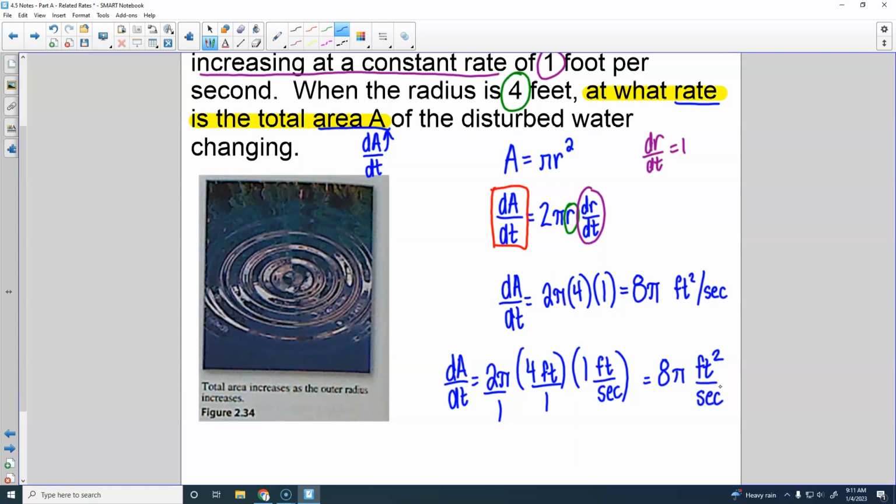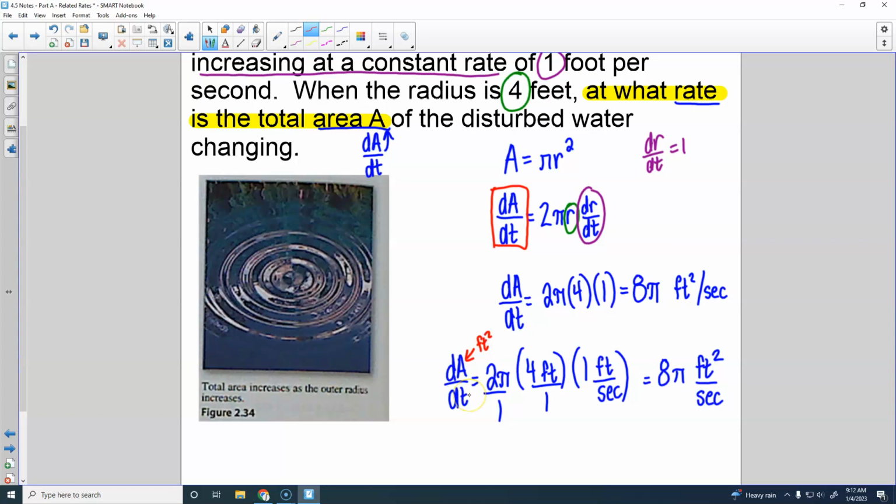Okay, yes? You need to think, so we're looking for dA/dt, so we need to think about how we measure area. Since this one uses feet for the radius, when we're talking about area, we're going to have feet squared, because for area, we would use square feet.